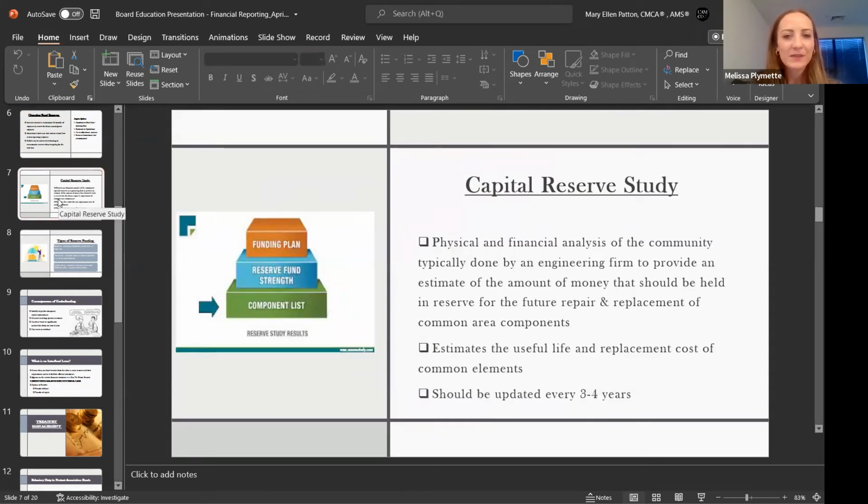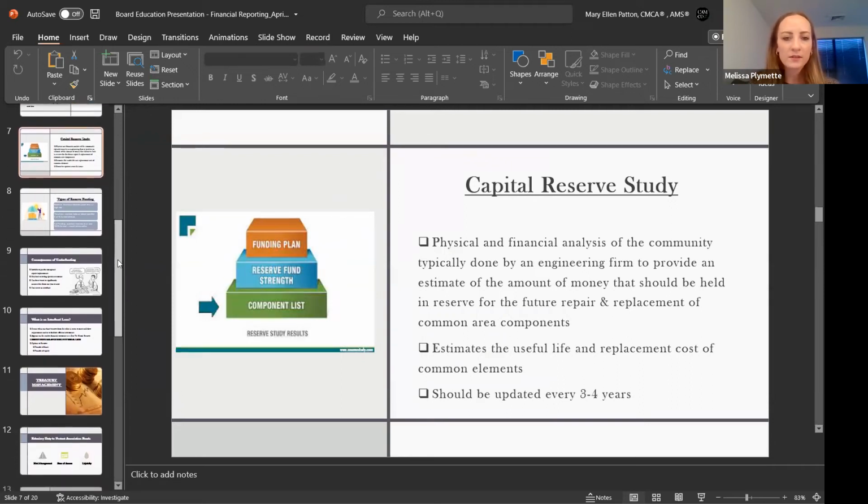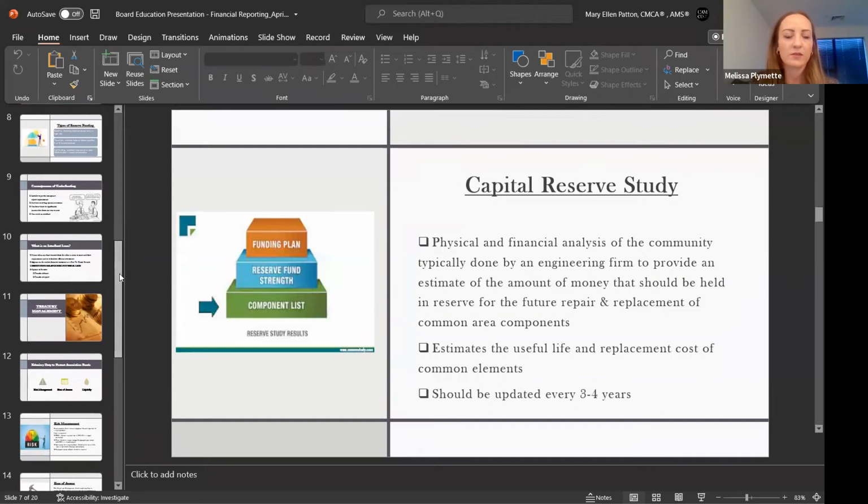So moving on to the capital reserve fund. The main driver of the capital reserve fund, as I said, is the association's reserve study. It provides both a physical and a financial analysis of the community's various components and is generally conducted by an engineering firm. It provides an estimate of the useful life and remaining life on all of the various components within the property.